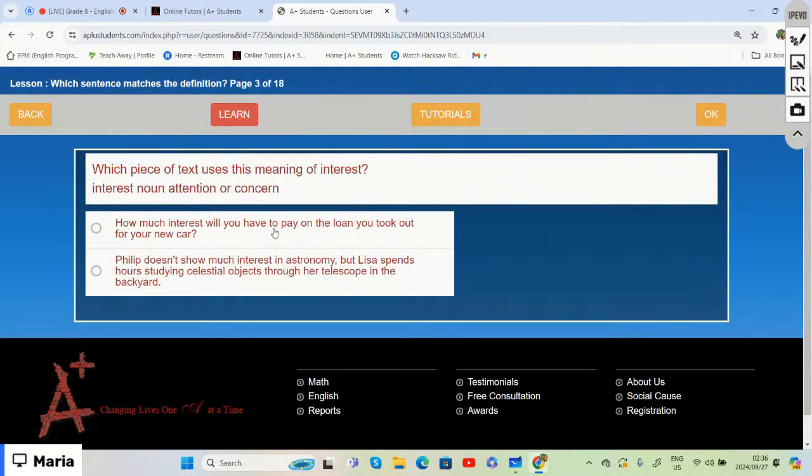Is it option one, how much interest will you have to pay on the loan you took out for the new car?